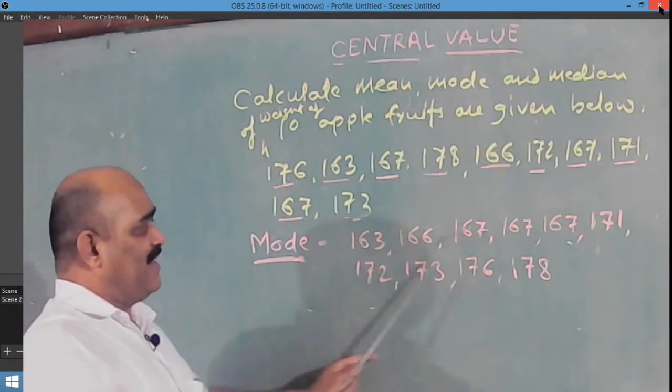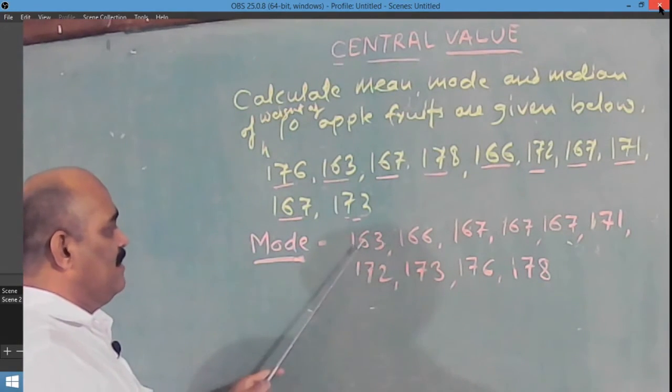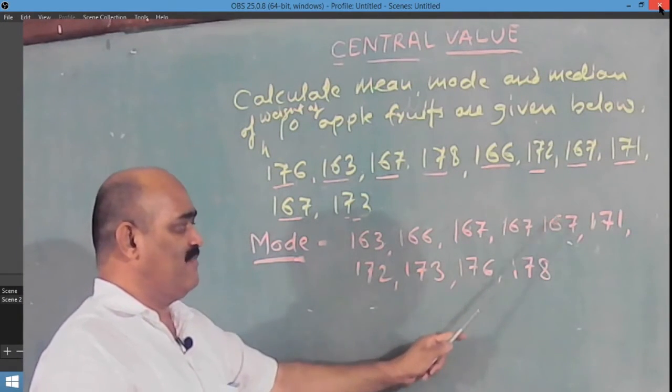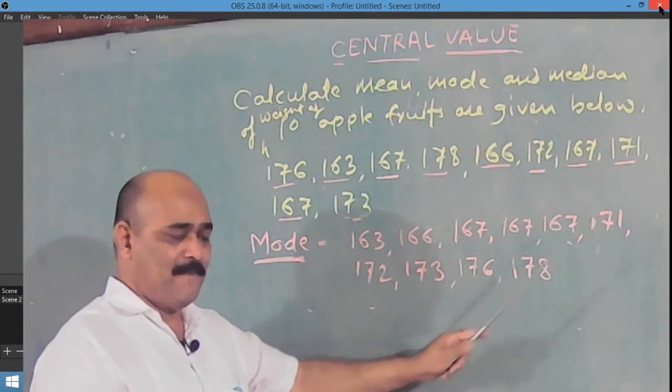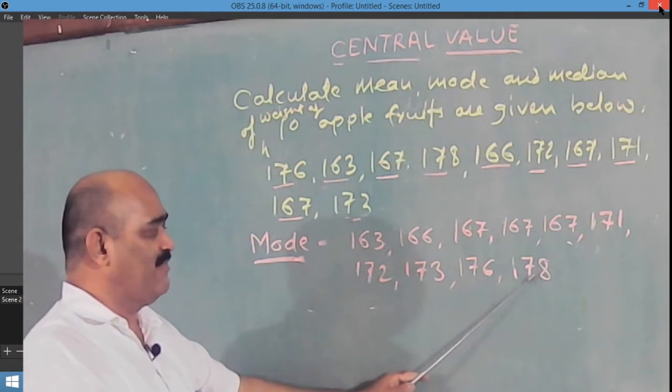Our data is arranged in ascending order: 163, 166, 167, 167, 167, 171, 172, 173, 176 and 178.